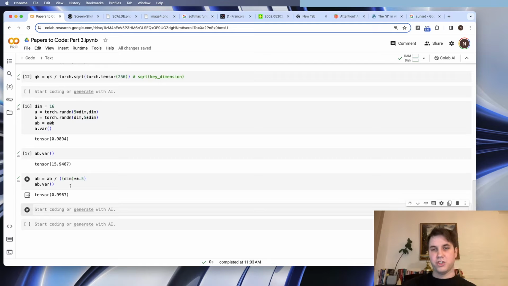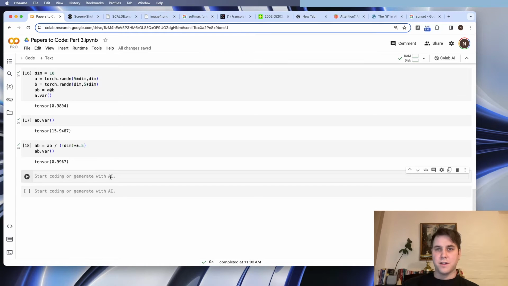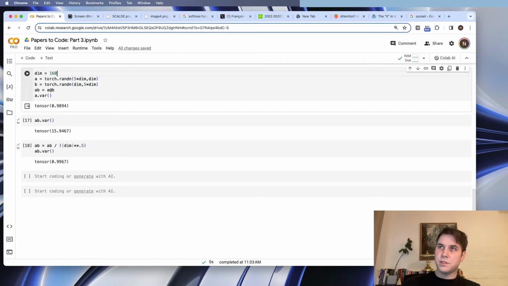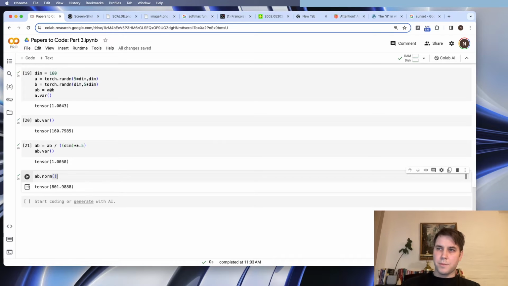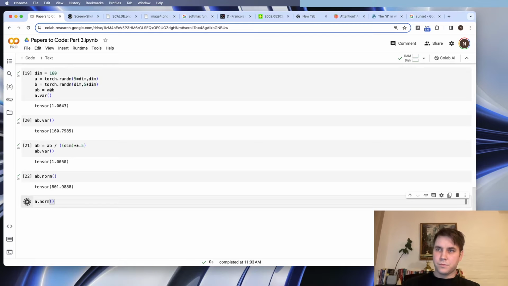So this is just a way of ensuring that our variance stays at 1. Now you might notice that the magnitudes here actually change quite a lot. Even though our variance has been brought back to 1, the magnitude of this is much bigger than the original magnitude.